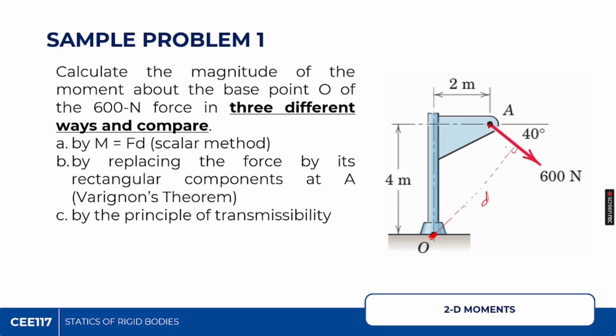Now, we need to understand that if this is 40 degrees, then if we translate the 600 Newton force here, that's the same thing. This is also 40 degrees, right?